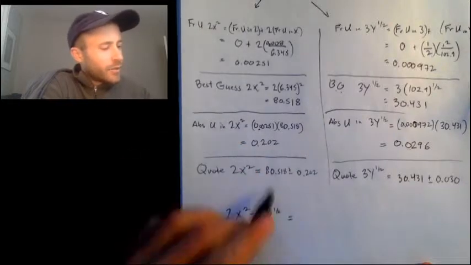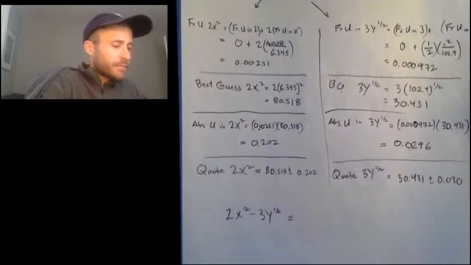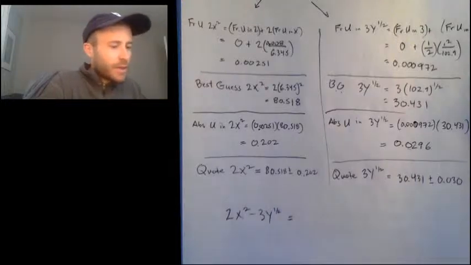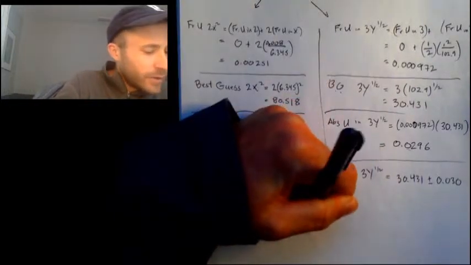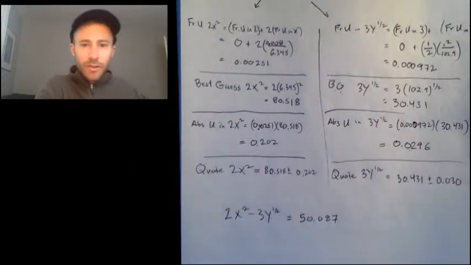Quoting it, I subtract my best guesses. So 80.518 minus 30.431 gives me 50.087. That's my best guess.